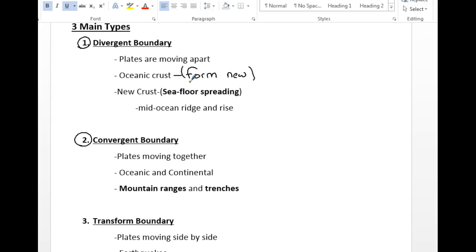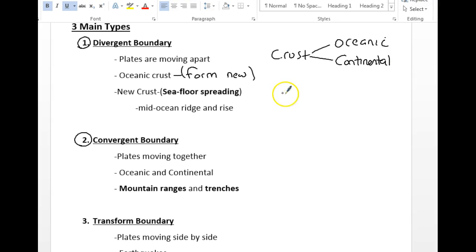If you're not aware of this, and you've probably had geology as well, the crust can be oceanic and it can be continental. These form in different ways and are made up of different types of minerals and rocks. Oceanic is much thinner and denser, and that causes something when they come together.